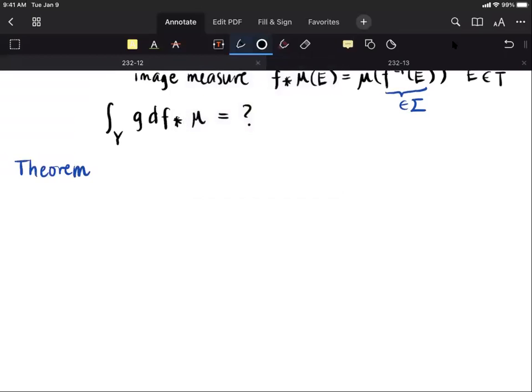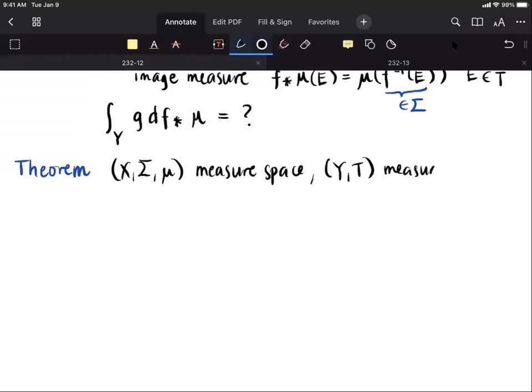Let's start with the assumptions. I have a triple (X, sigma, mu), which is a measure space, a pair (Y, tau), which is a measurable space, and a function f from X to Y that is measurable.